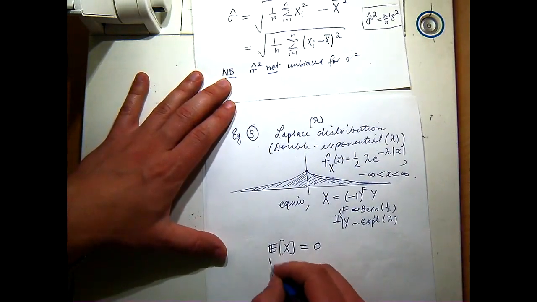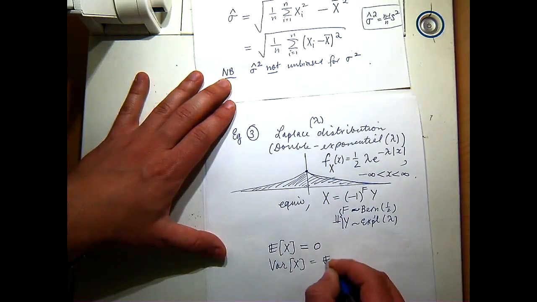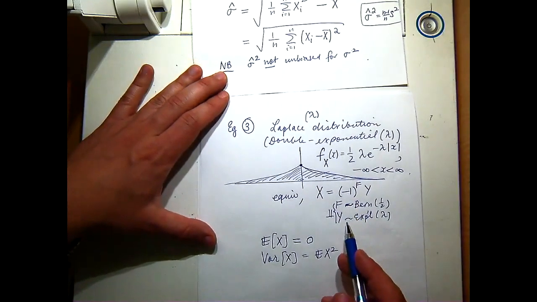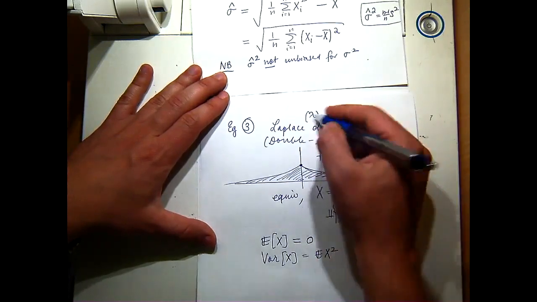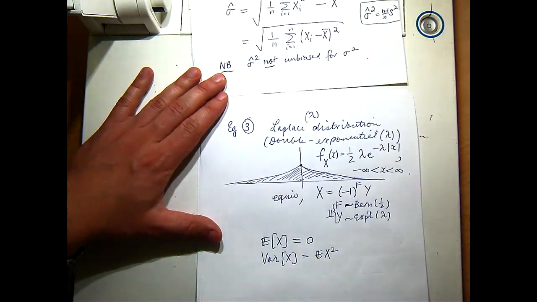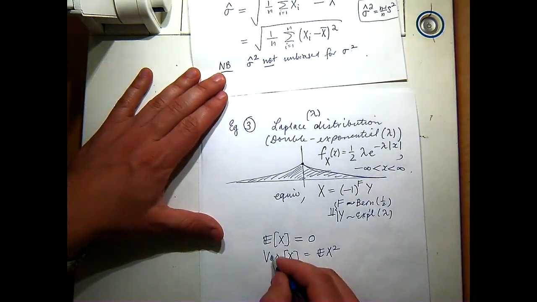So the variance of x is of course the same as the expected value of x squared. Now there's a little hack or a quick way to do this without calculation. Always try and reuse knowledge if you can. That's why we always recognize certain densities and say, oh yes, this is the density, so I know how to do the integral. This is similar. So let's reuse some work.